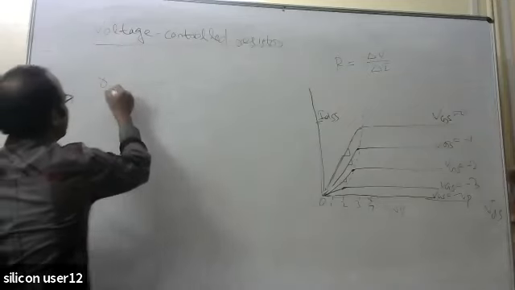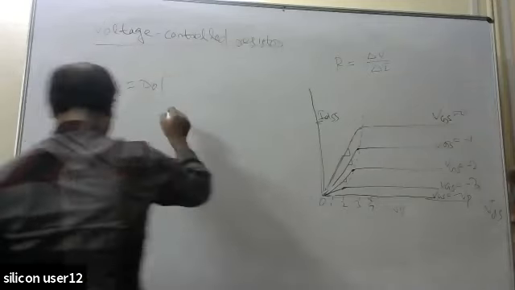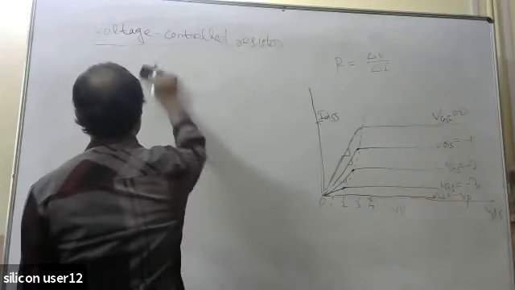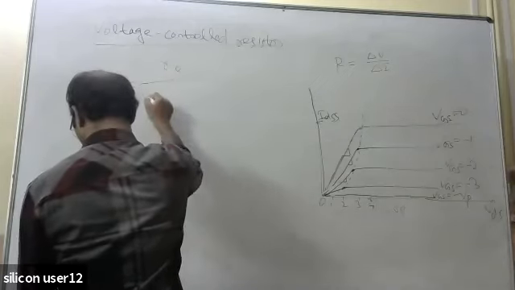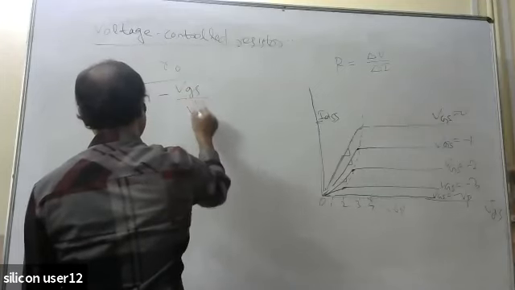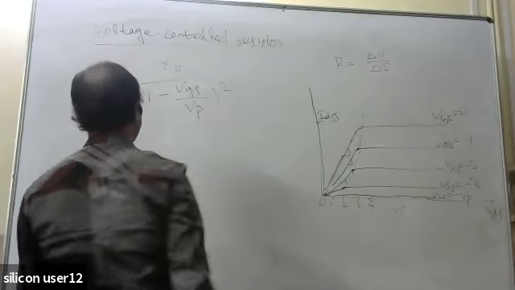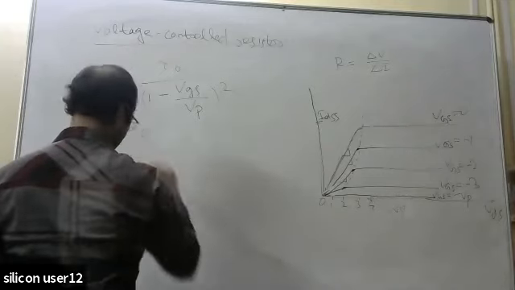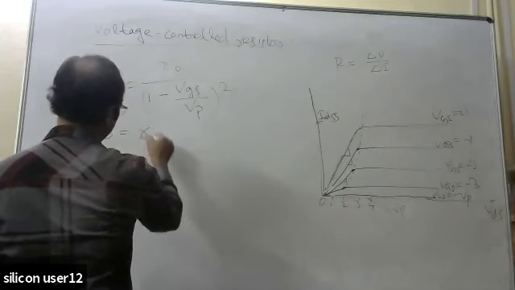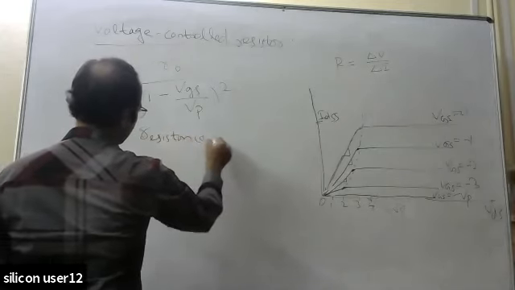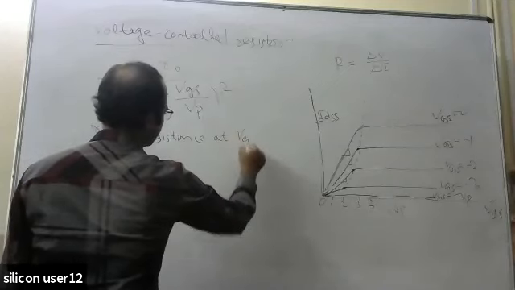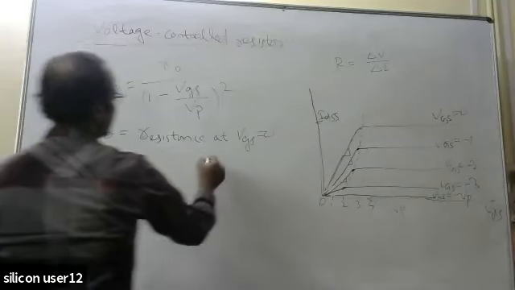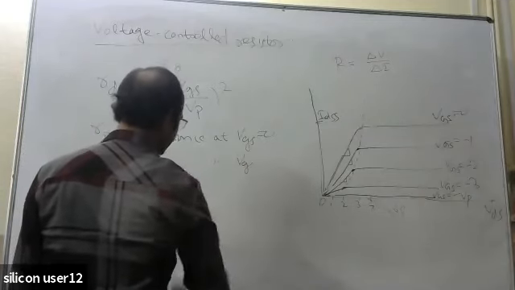That is given by RD equal to R0 by (1 minus VGS by VP) whole square, where R0 is the resistance at VGS equal to 0, and RD is the resistance at the given VGS.